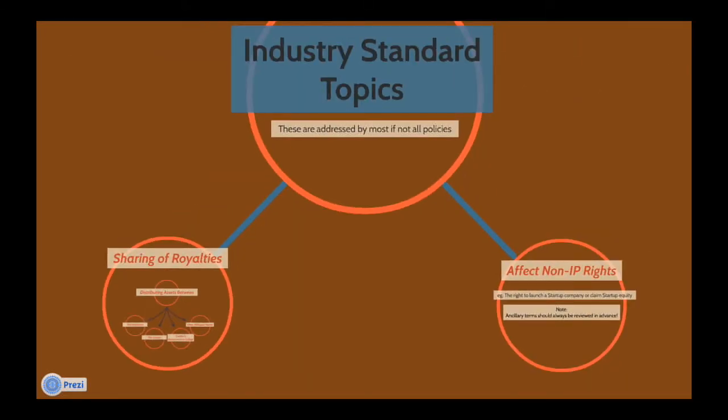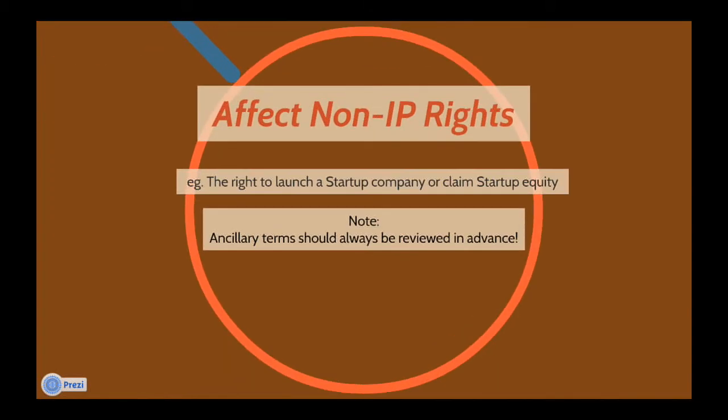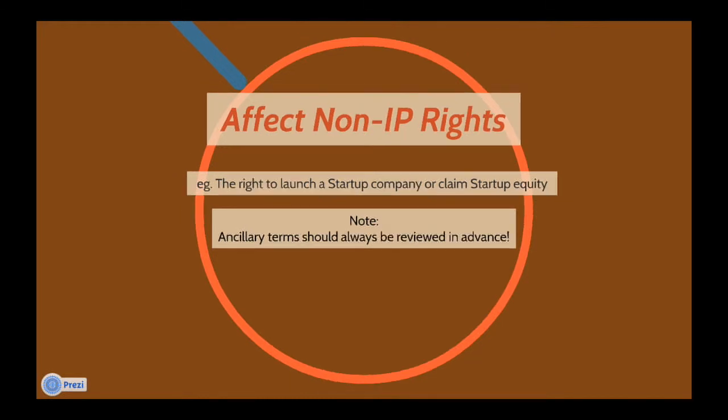Lastly, it is important to note that IP policies can also affect non-IP rights. For example, the right to incorporate a startup company or to claim a certain amount of startup equity. These ancillary terms can affect a wide range of scenarios and should always be reviewed in advance by those who anticipate involvement in IP creation.